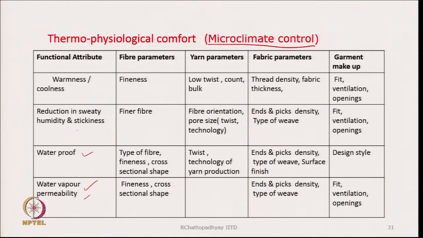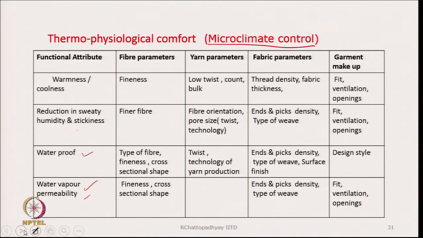The knowledge is not only how to manufacture, the knowledge is how to relate a performance property with the fiber, yarn, fabric, finishing techniques or garment makeup. So, a thorough understanding of the relationship is what is desired. That will be very, very handy for a designer.